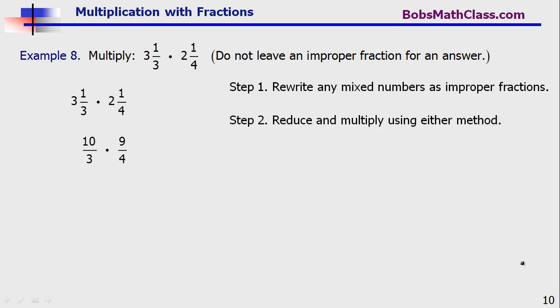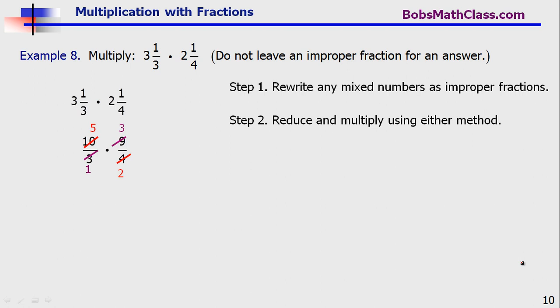Now we can reduce and multiply. Let's see. 3 and 9. 3 goes into 3 one time, 3 goes into 9 3 times, and then the 4 and 10, you can reduce those by 2. So 3 goes into 3 once, 3 goes into 9 3 times, and then 2 goes into 4 twice, and 2 goes into 10 5 times.